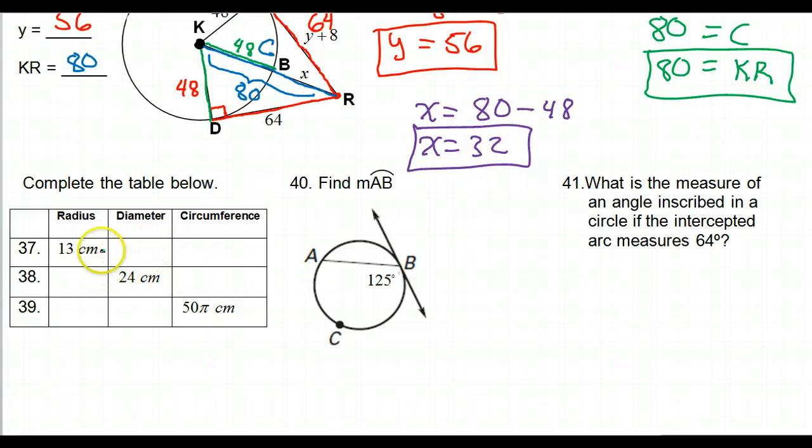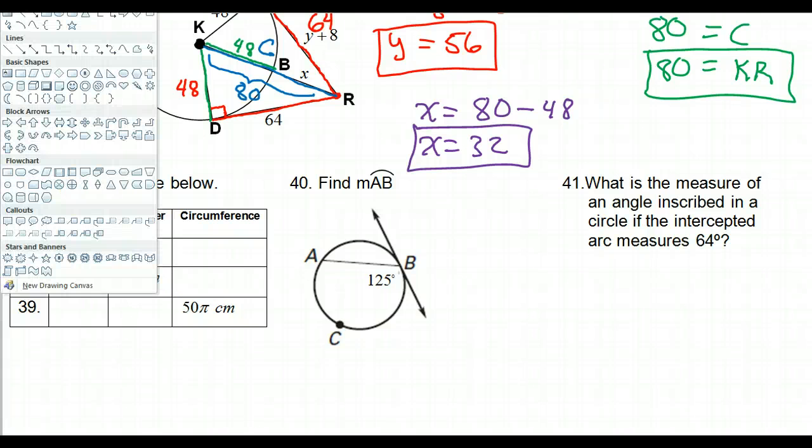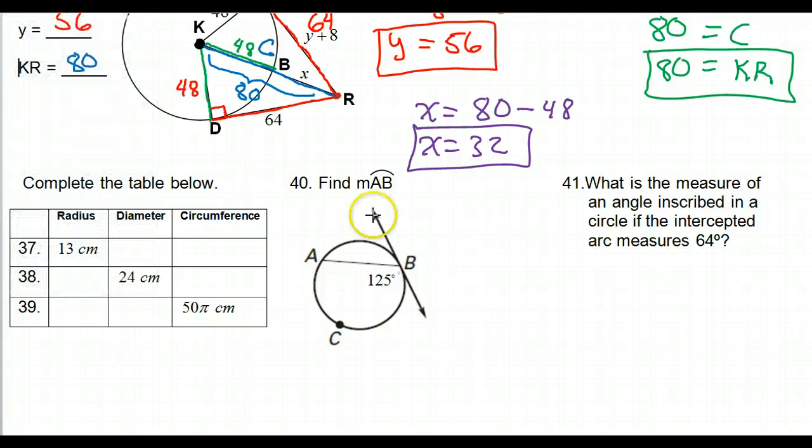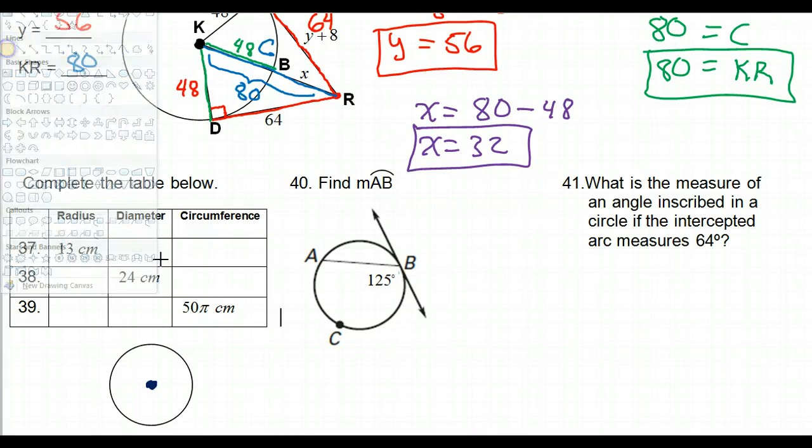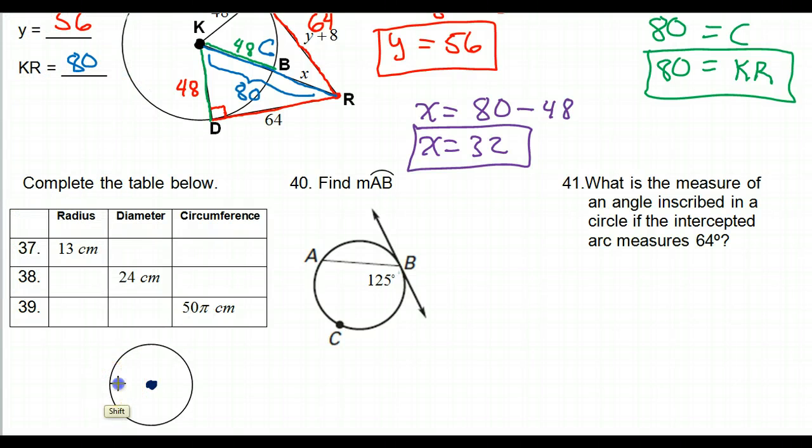I'm hoping these ones down here are super easy, especially radius and diameter, because we all know that if you have a circle such as this, and you imagine that this is the center right here, then the diameter would be like so.